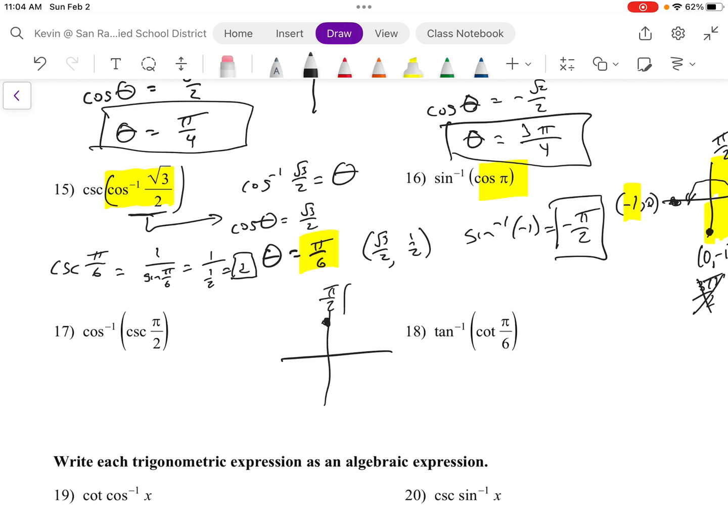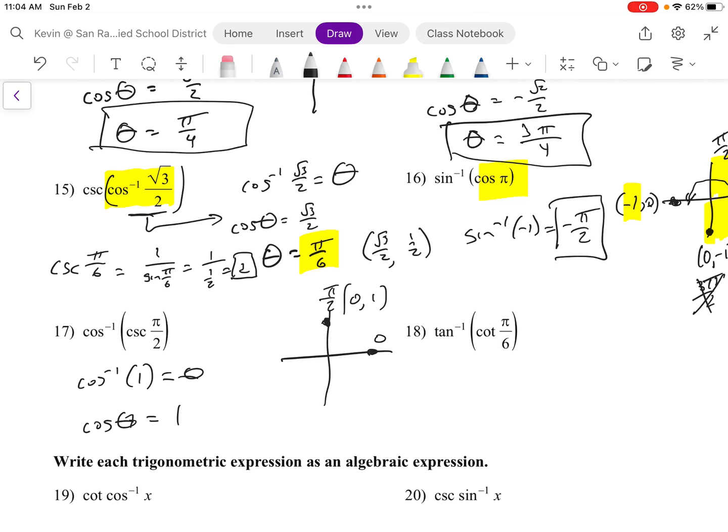Cosecant of pi over 2, right here. Pi over 2 is 0, 1. So cosecant would be 1 over 1. So this is arc cosine of 1 equals theta.